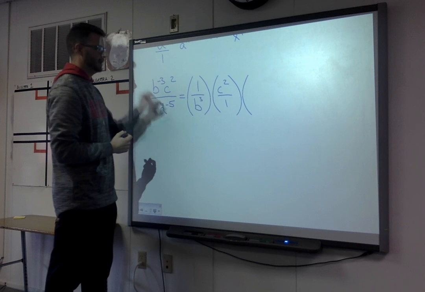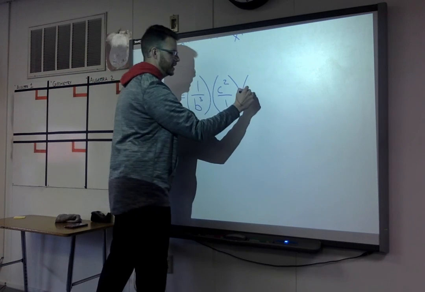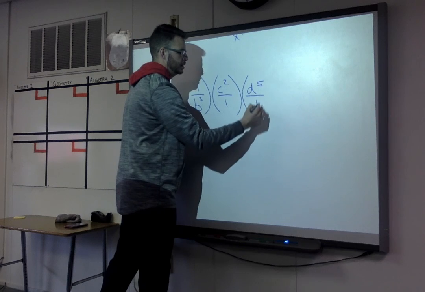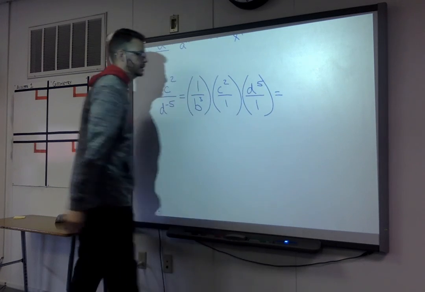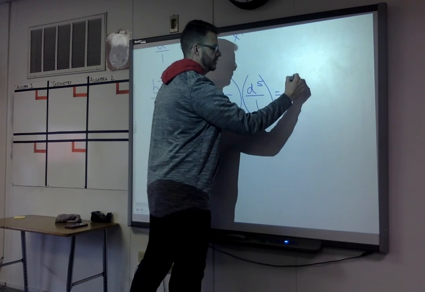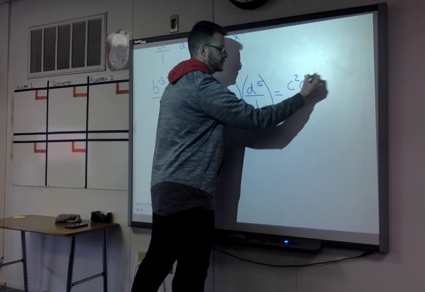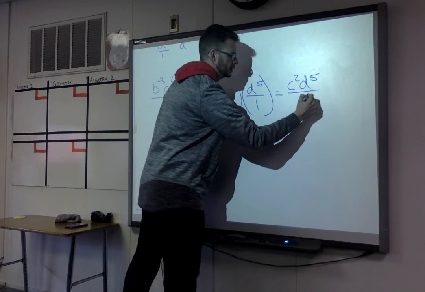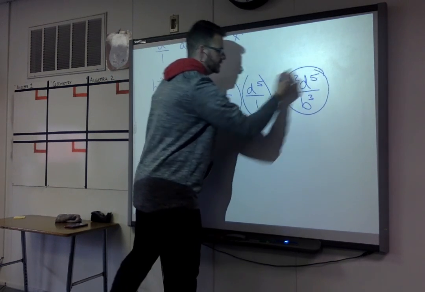Since it's a negative power, we need to move it to the numerator, and it would become d to the positive 5th power over 1. Now we multiply straight across. In our numerator, we would have c squared times d to the 5th over our denominator of b cubed.